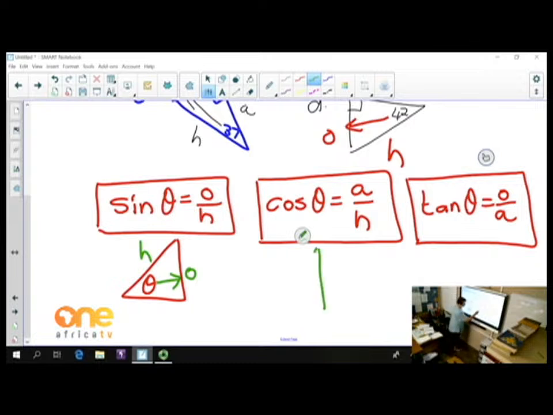The second one is now this one. There's theta. And this is still the hypotenuse, opposite the 90 degrees. But now this angle is adjacent. Cosine theta. It's the included angle. And here, another right angle triangle. So if this is theta, that one is opposite, and this one is adjacent.